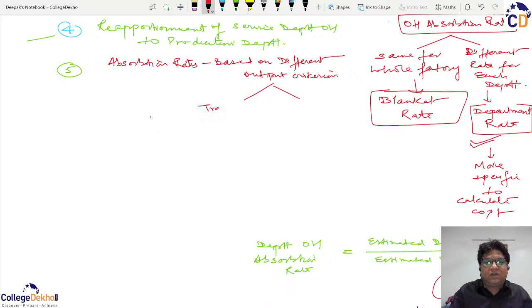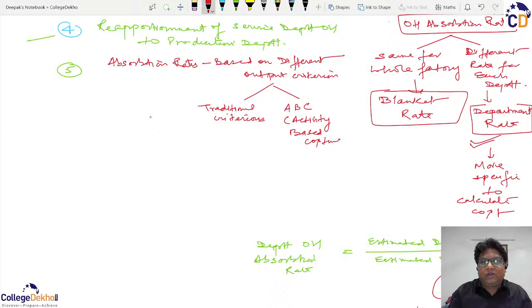So we use the word traditional criterions, and now with the period of time we have developed new more specific output criterion where we use the word ABC, that is activity based costing.